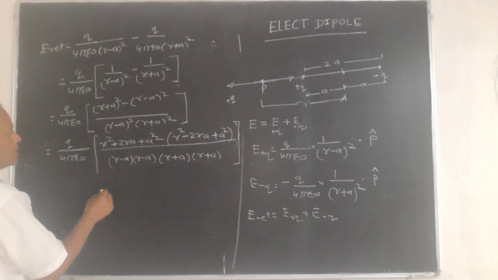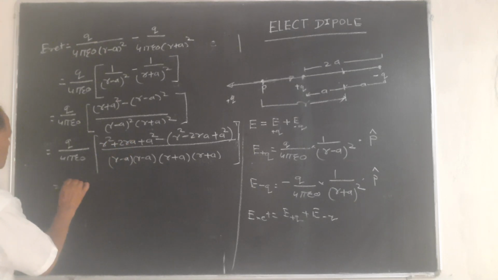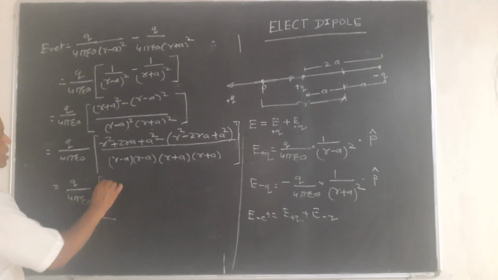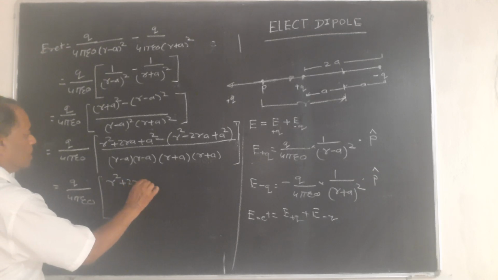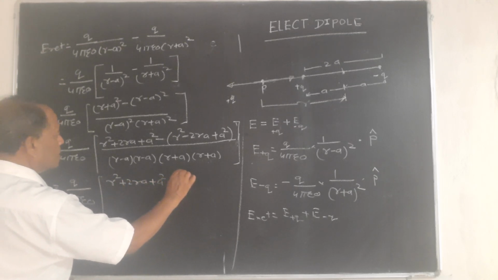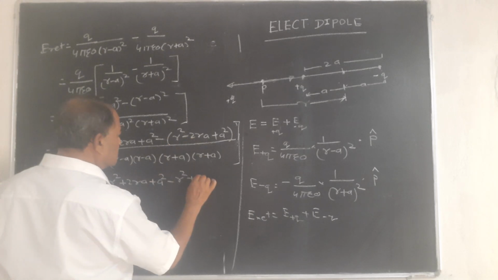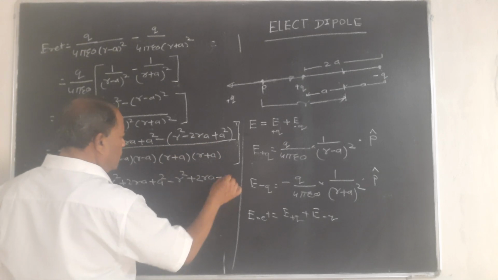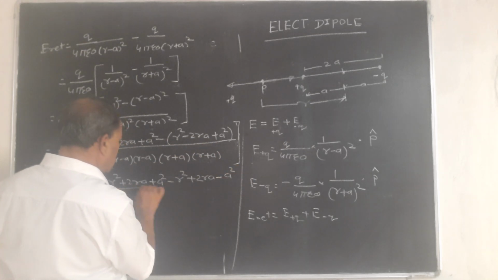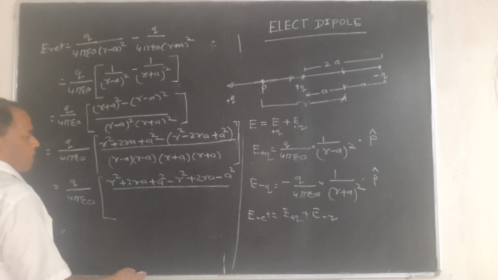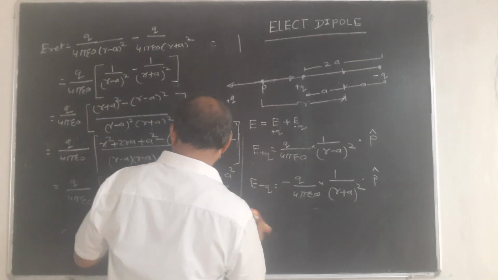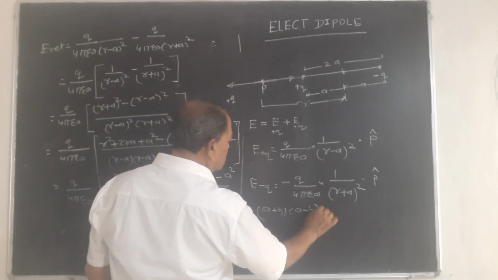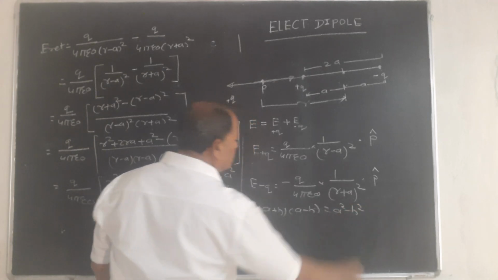Opening the bracket, Q upon 4 pi epsilon naught into r square plus 2ra plus a square minus r square plus 2ra minus a square, divided by the denominator. We know the formula (a plus b)(a minus b) equals a square minus b square.